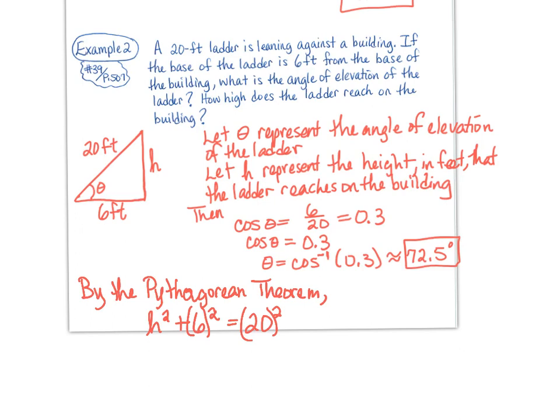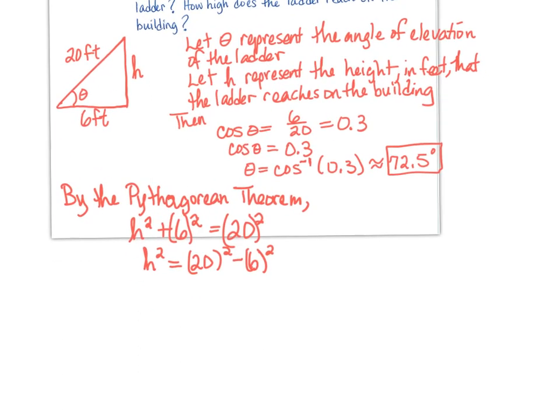But we're good here. So h squared is equal to 20 squared minus 6 squared. Or in other words, h is equal to the square root of 400 minus 36, which gives us what?